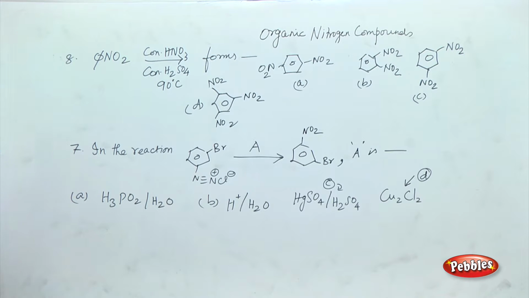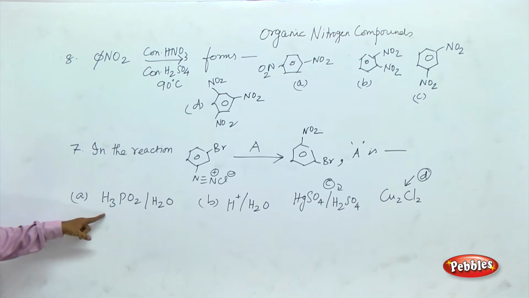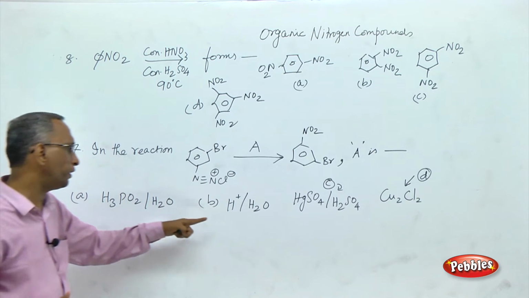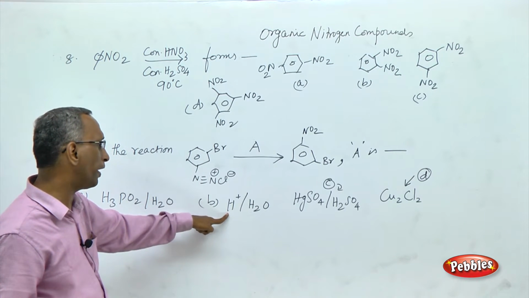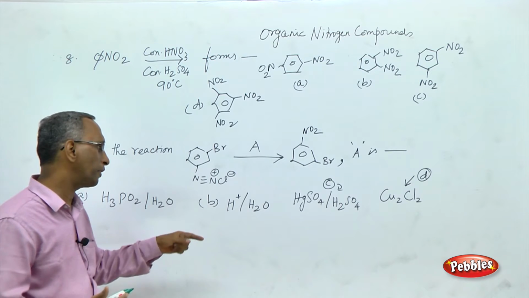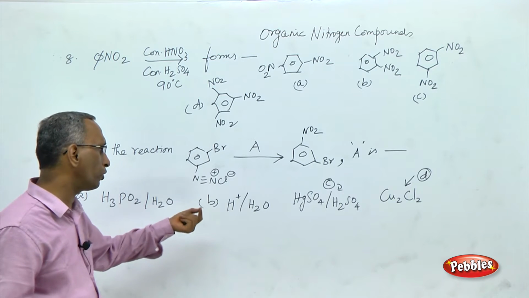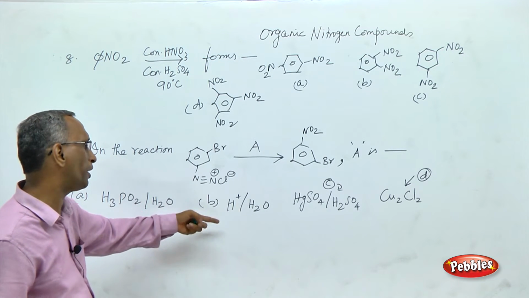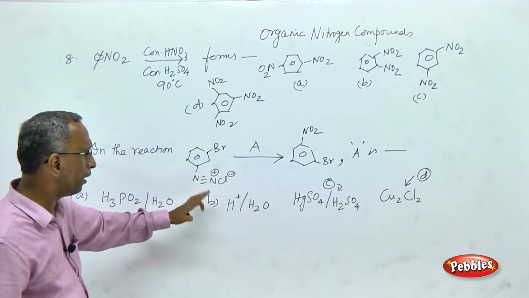They have given 4 choices. The first choice is phosphorus acid; H3PO4 is phosphoric acid, and this is hypophosphorus acid, H3PO2. The second choice is a general acid, H+. If it is specified like this, you can use HCl and HNO3 safely, because sulfuric acid may dehydrate, remove water, and nitric acid sometimes oxidizes the species, only in mild conditions, but rigorous conditions will not disturb.